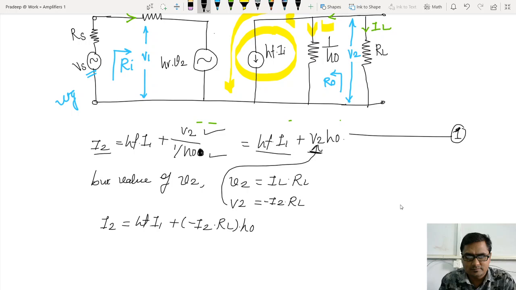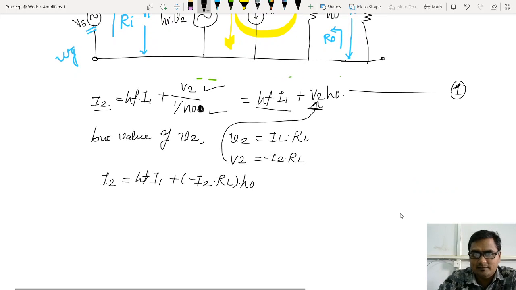I am just putting the value of V2 in equation 1.